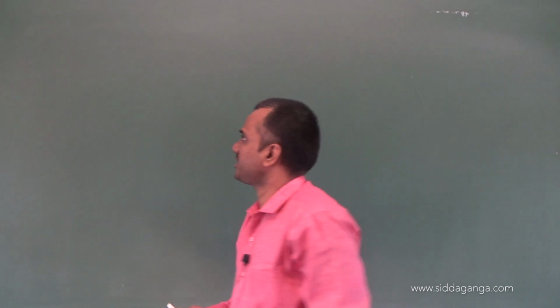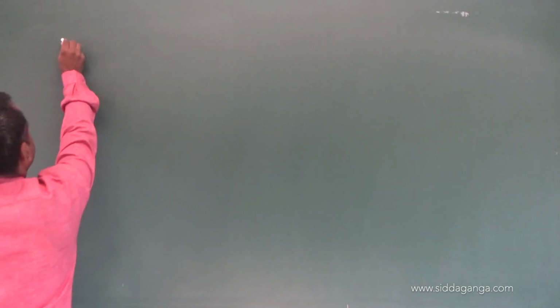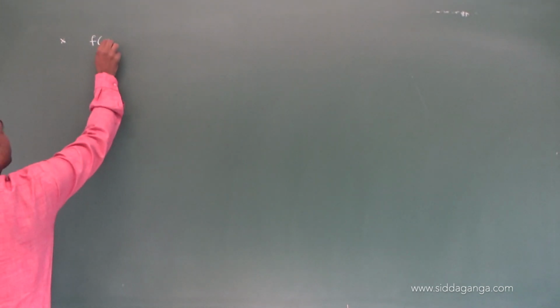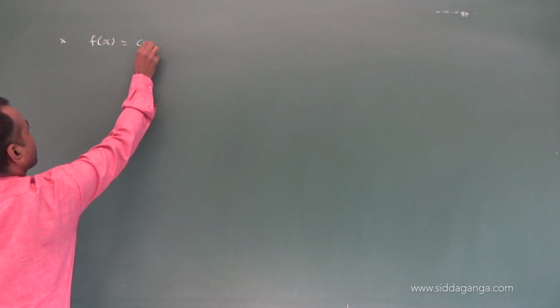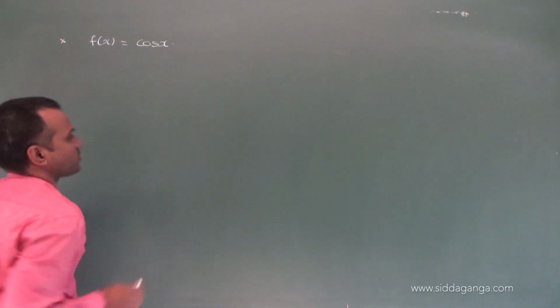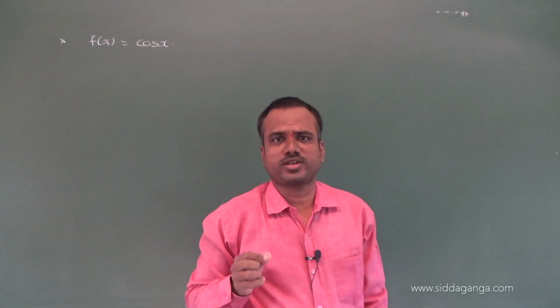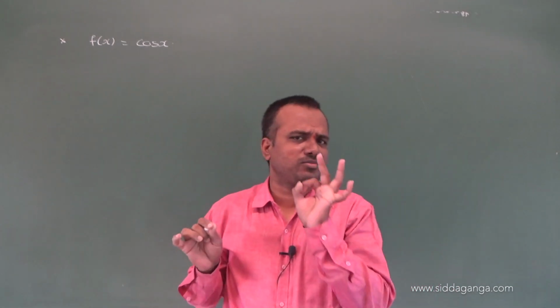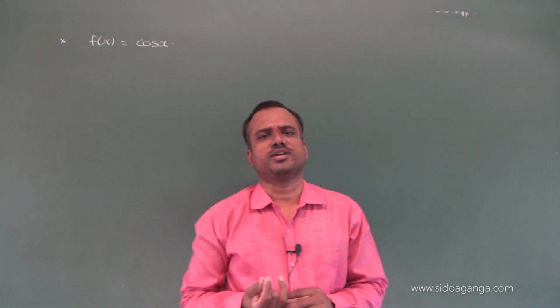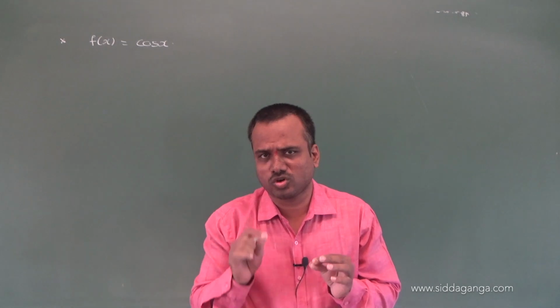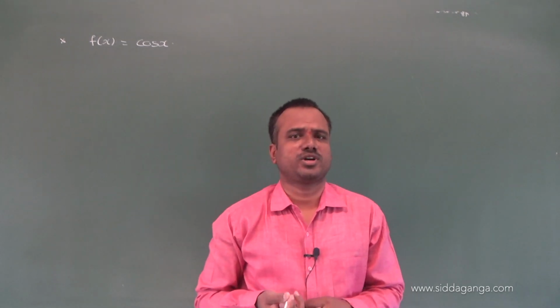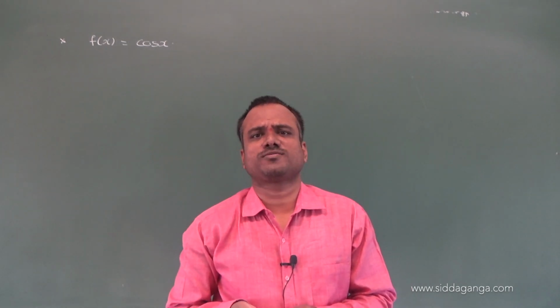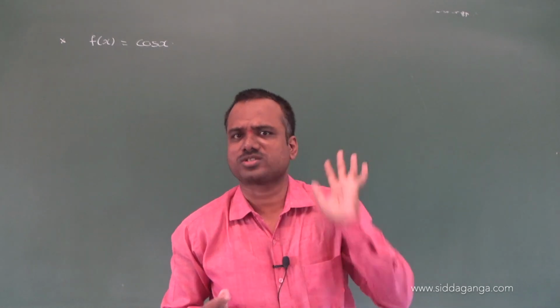Second trigonometric function: cos x. f of x is equal to cos x. We already found the first trigonometric function sin x. Derivative of sin x is cos x.